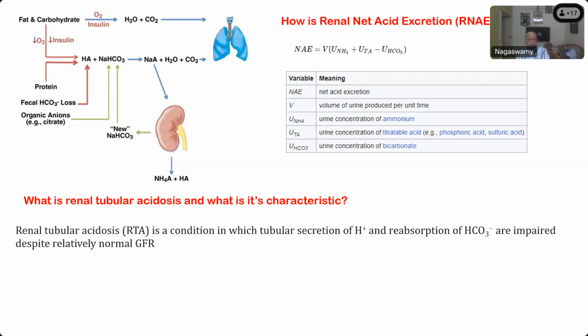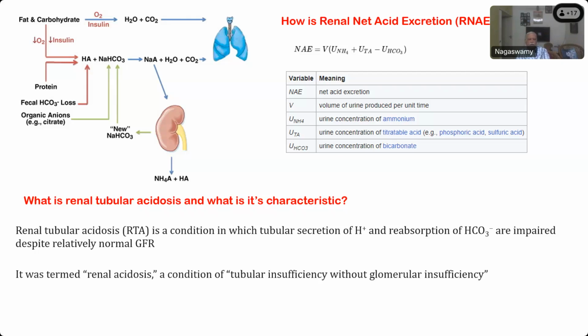But in renal tubular acidosis, there is a normal glomerular function, but the tubular function of eliminating the hydrogen ion and reabsorbing the bicarbonate is affected. That is the condition called renal tubular acidosis.